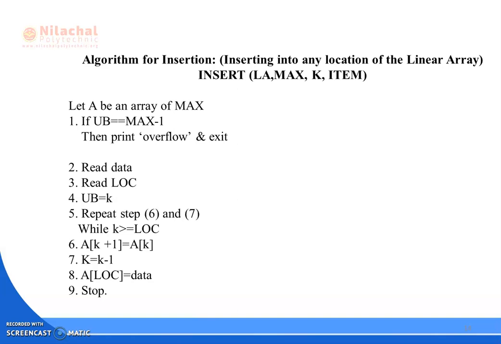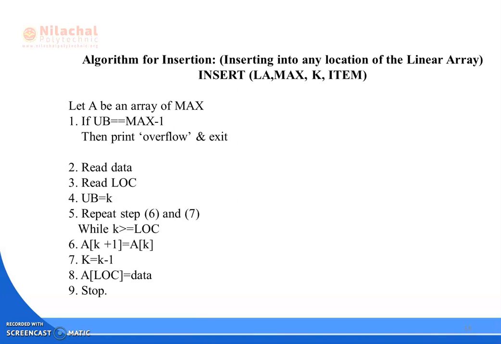After reading the data, in the third step we have to read the location too, that is, where we want to insert the element. As it is the algorithm for insertion at any location, we have to specify the location in which we want to insert the data.